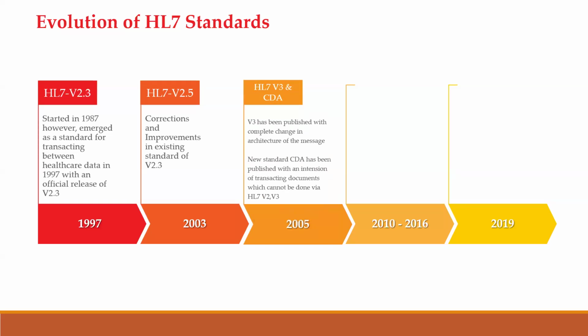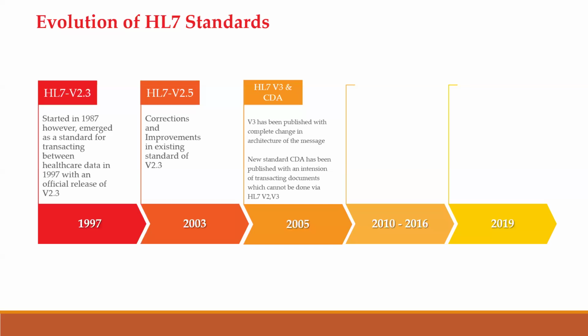Version 3 was not very much welcomed by the industry, especially for two reasons. Number one, it was not adding much value when people converted from HL7 V2 to V3. Why? Because it is going to do the same functionality, but the structure, the design, and everything is totally different for HL7 V3.